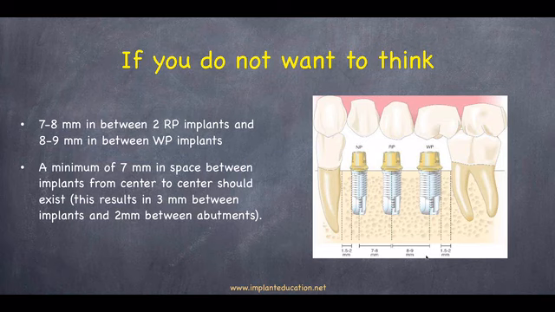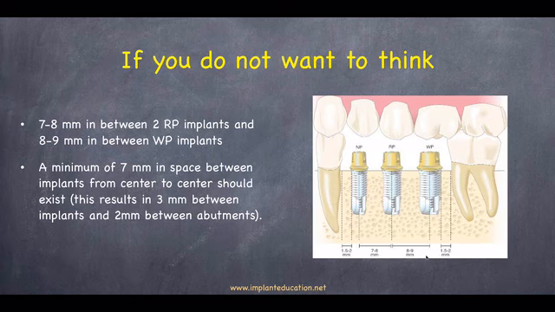We would like to have a diagnostic wax-up as much as possible every time. It's a plus to have a surgical guide no matter how much experience you have, but there will be, for sure, plenty of cases where you do not have the diagnostic wax-up or the surgical guide, and with these numbers you will end up extremely close to ideal positioning without the help of the guide.